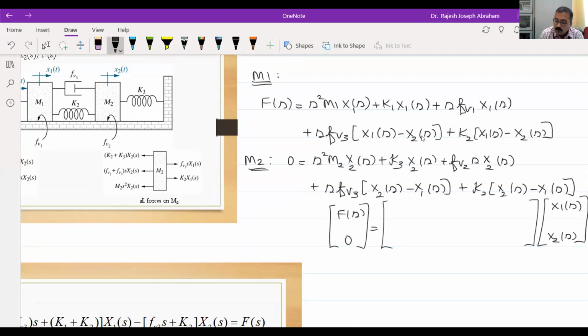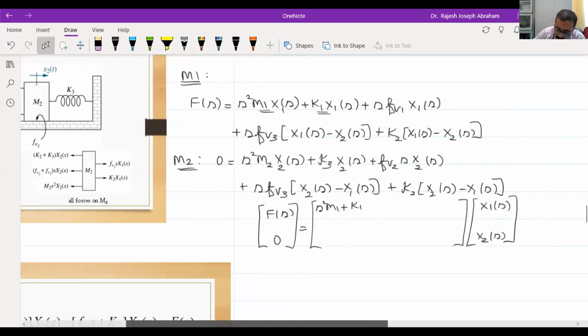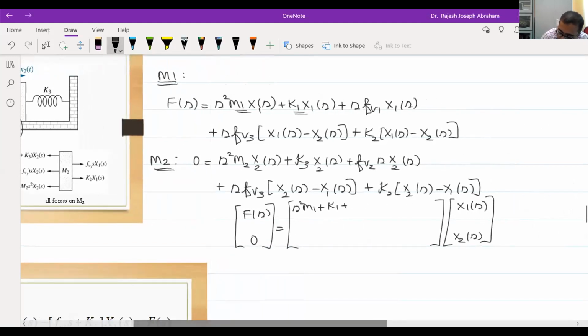Correct? Now you club x1 of s terms together from equation 1. What will you get? S square m1 plus k1, then plus s fv1, plus s fv3, plus k2.